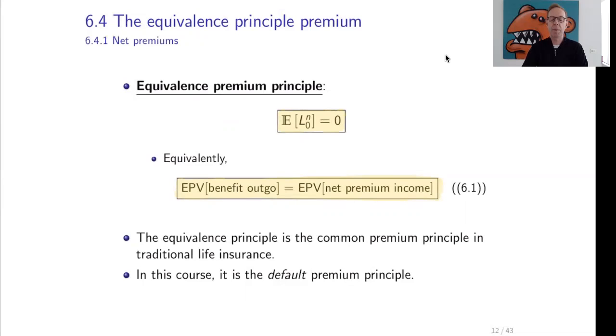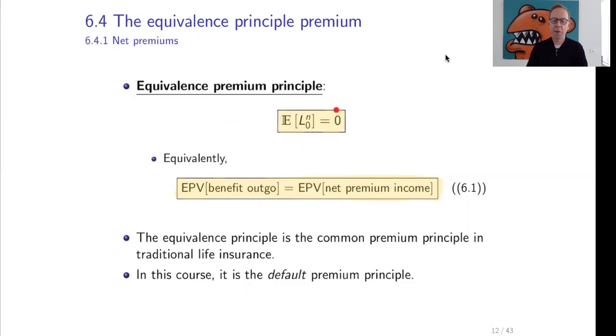What does the equivalence premium principle say? The expected net loss at policy issue, at time 0, must be equal to 0. If you still remember, the loss was defined as benefit outgo minus premium income.